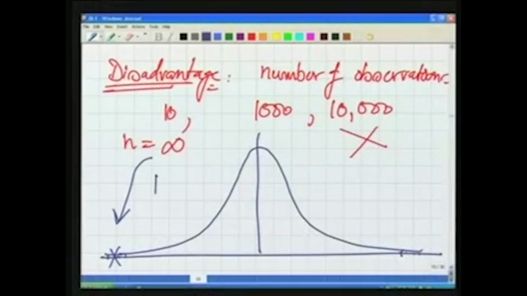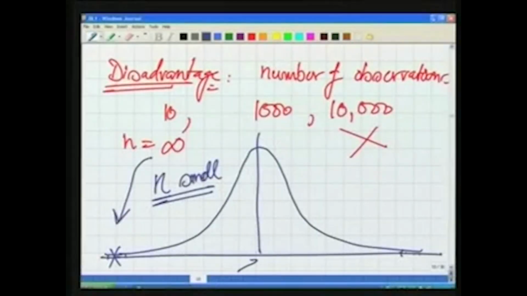Now if n is very small, what happens if n is small? As we know in our normal distribution curve, and the way our random errors behave, the probability of occurrence of values which are nearer to the mean is higher than those values which are on these sides.